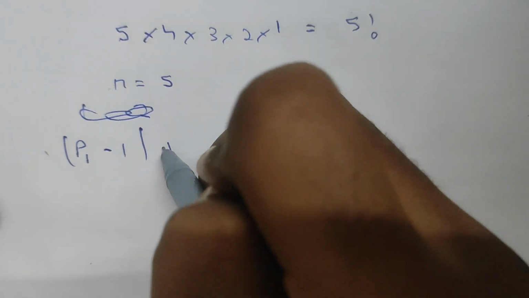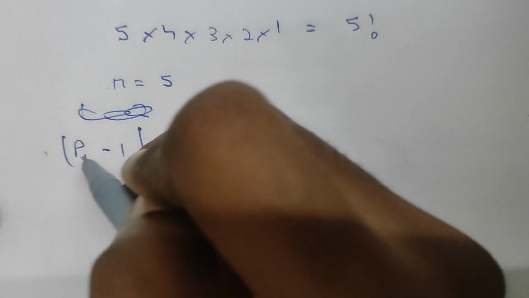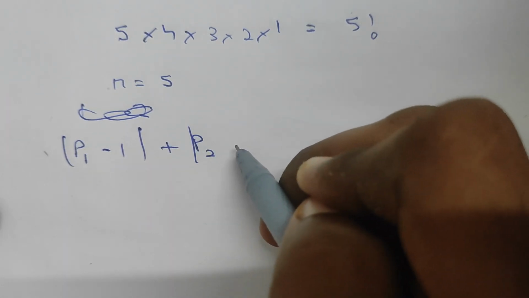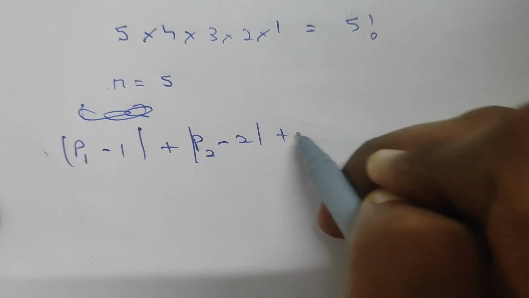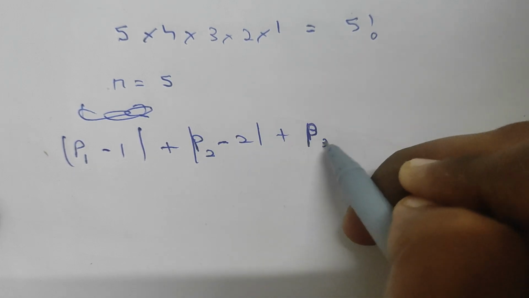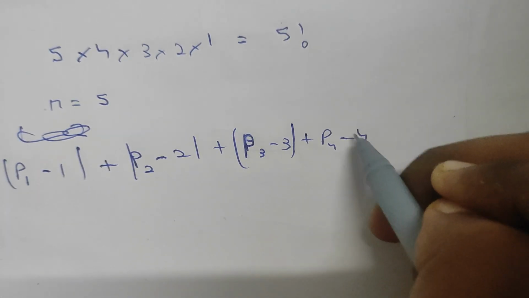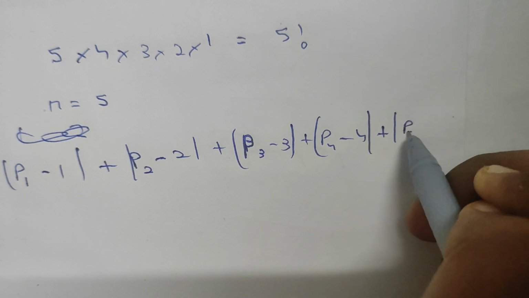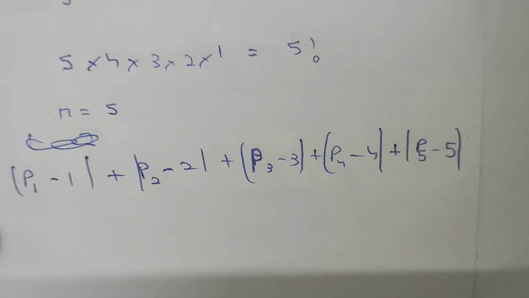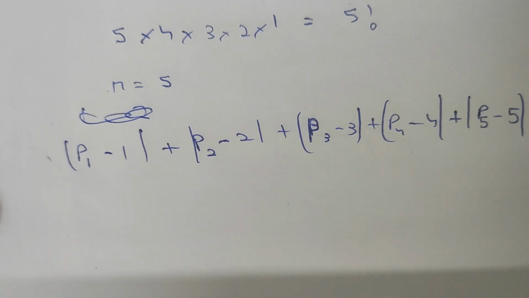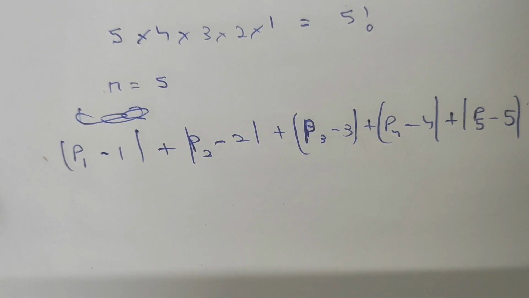We have to choose a permutation P such that the sum of P1 minus 1, plus P2 minus 2, plus P3 minus 3, plus P4 minus 4, plus P5 minus 5. So 1, 2, 3, 4, 5 here will be fixed. It is the index, in one-based indexing.